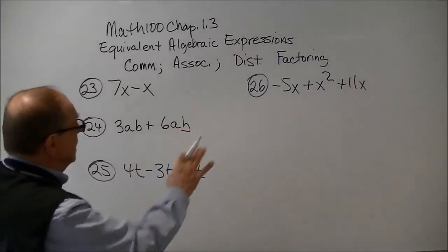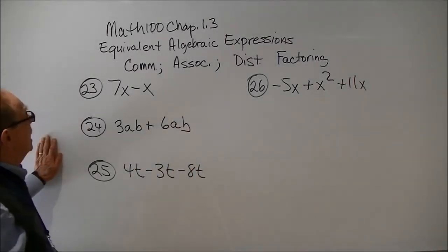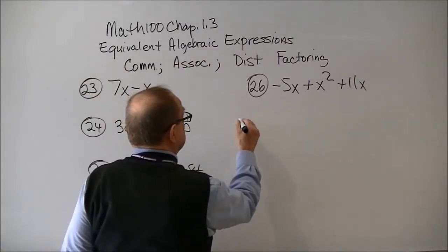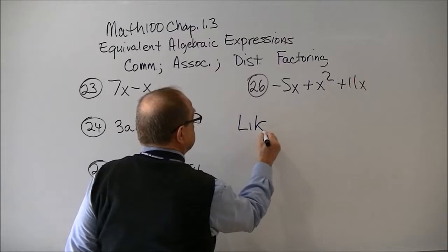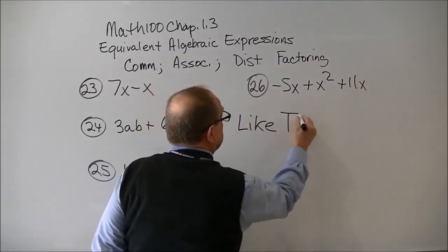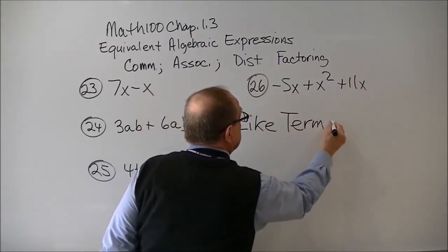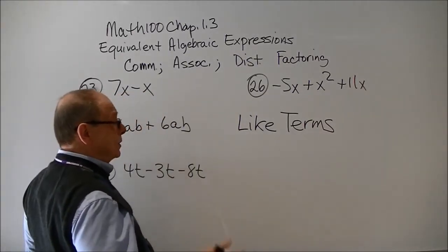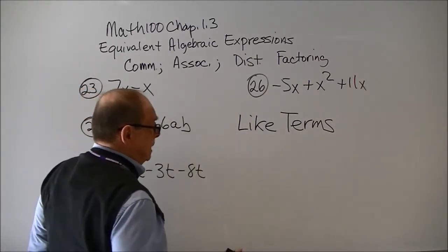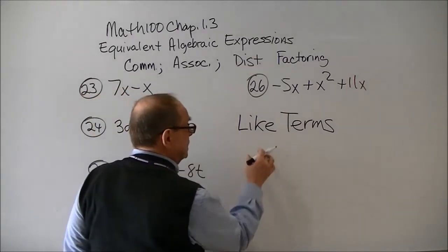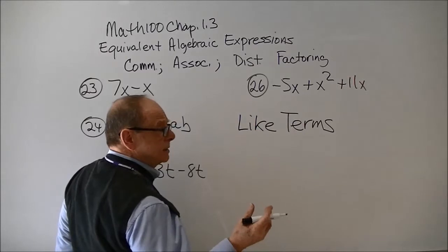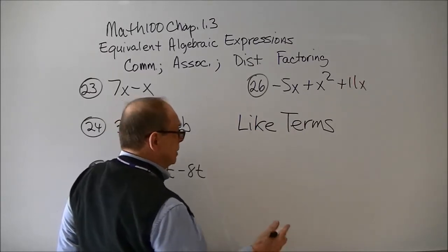As we finish up this lesson, we're getting to something that's called like terms. And what is a like term? Well, by definition, a like term is any term that has, in a sense, the same variable.